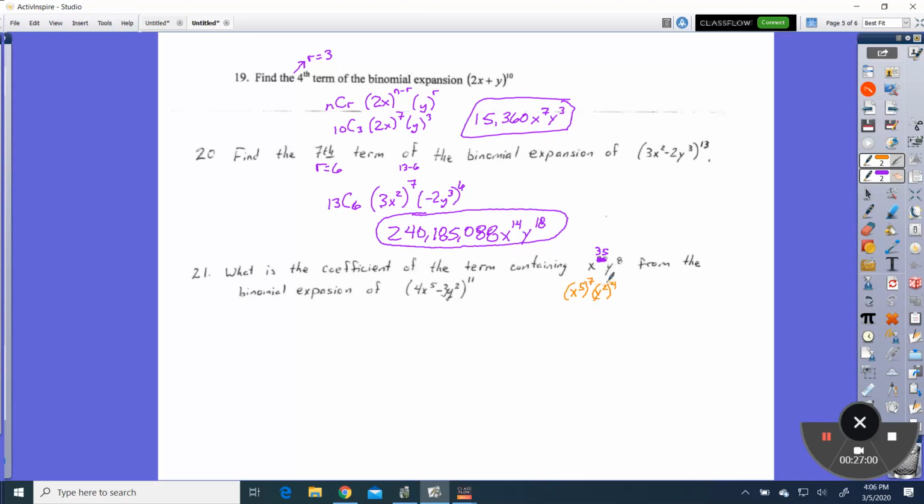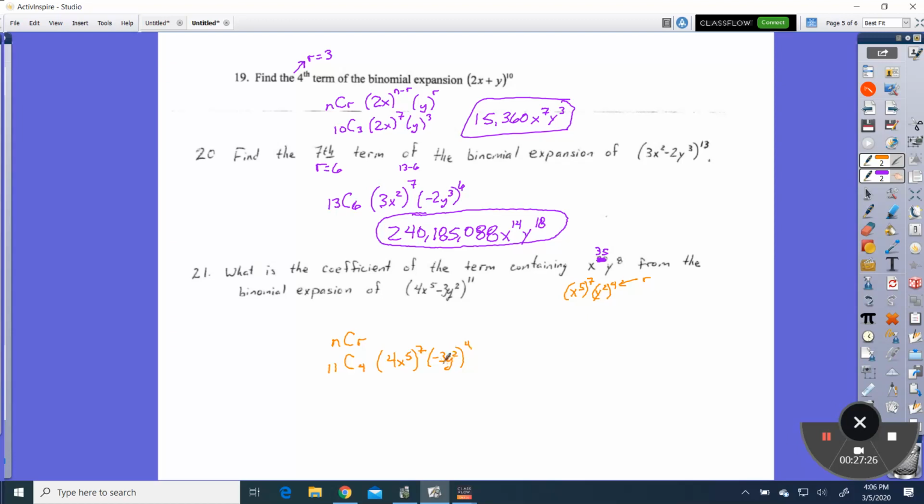Well, 7 plus 4 makes 11, so that matches things up. So remember, this is the r value. So I know I have nCr. Well, that's 11 for n. C4. 4x to the 5th is going to be to the 7th power. And negative 3y squared is going to be to the 4th power.